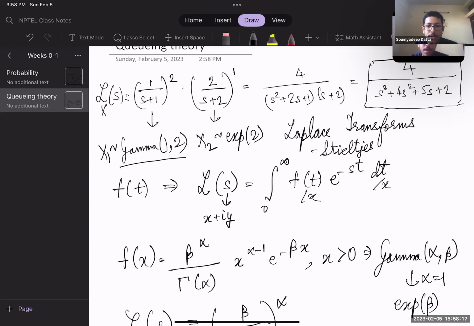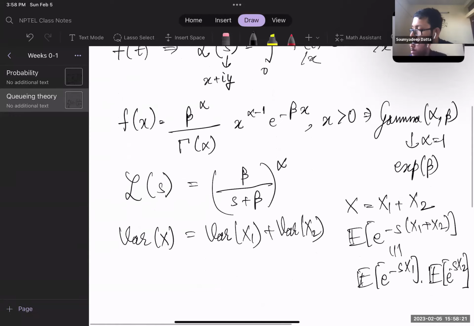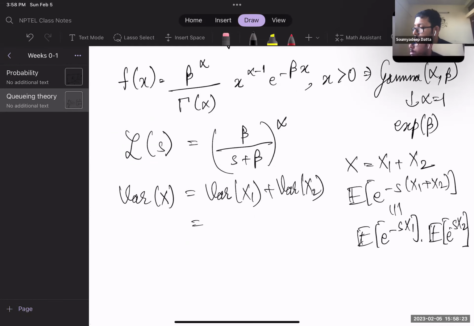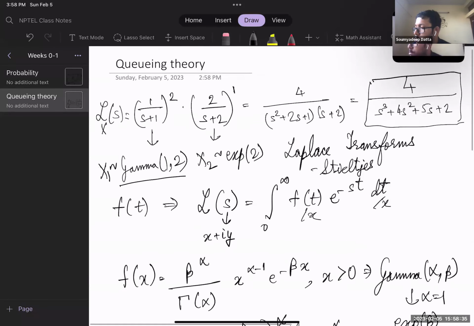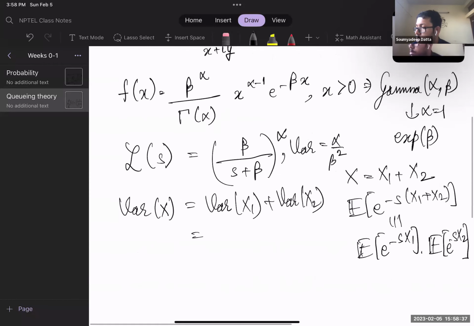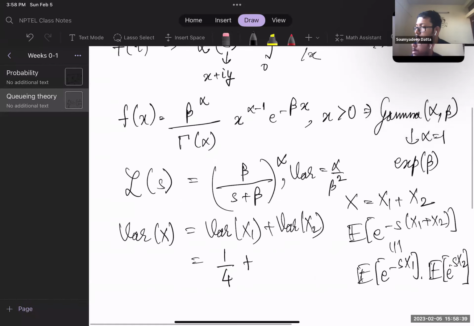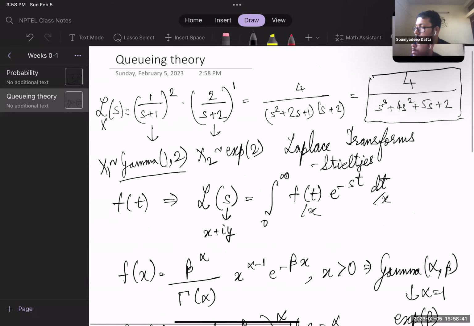This is just calculation at this point. I'll note down the formula here: alpha by beta square. Then for gamma 1 comma 2, that will be 1 by 4, 1 by 2 square, plus again alpha by beta square.